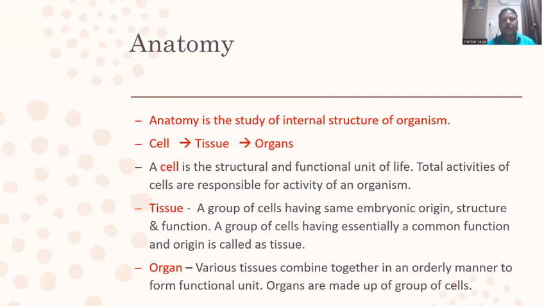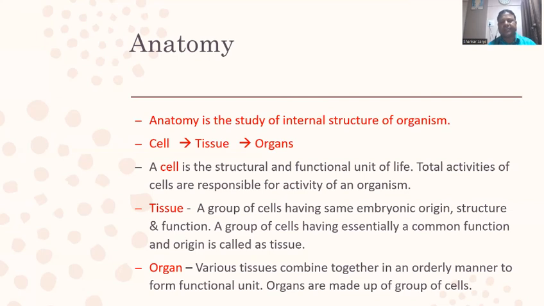What is tissue? A group of cells having same embryonic origin, structure and function. A group of cells having essentially a common function and origin is called a tissue. And in a systematic and well planned manner, tissues come together to form various organs.